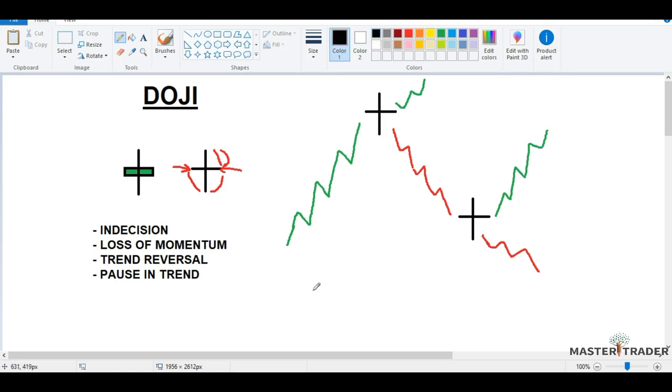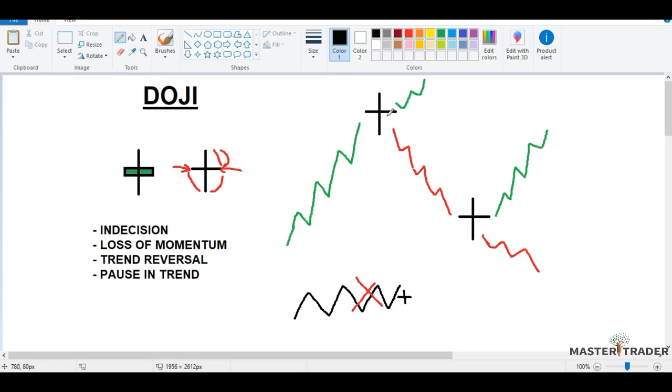Let me show you what I mean. Let's say price is just trading sideways like this, and you see a doji forming here. This is not where I want to pay attention to the doji. So where do I want to see the doji? Right here. Let's say we're going in a nice uptrend, price is going up, and you get a doji formation at the top.